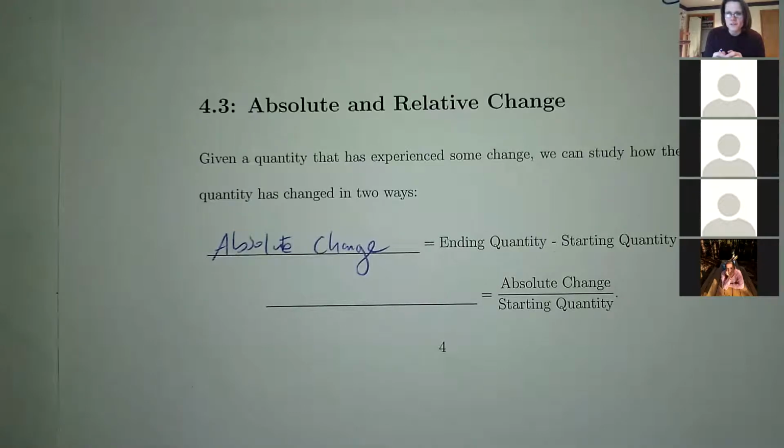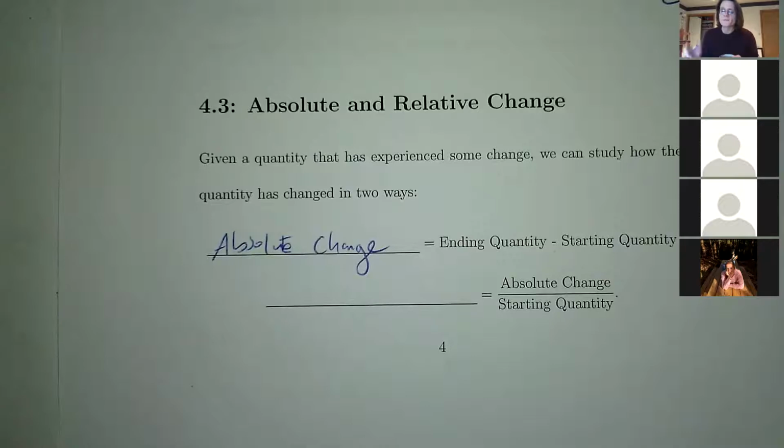I guess temperature is not a good one, but suppose you have like $1 million in investments and you lose $200. Relatively speaking, that $200 is not a lot compared to the million. But if you only have $1,000 in your investments and you lose 200, that's a fifth of your total investment. So it's a much bigger chunk. And so you'd be more concerned about losing $200 than if you had $1 million.